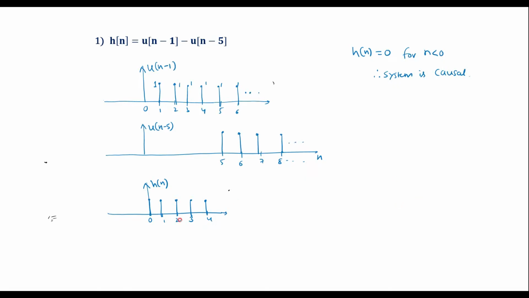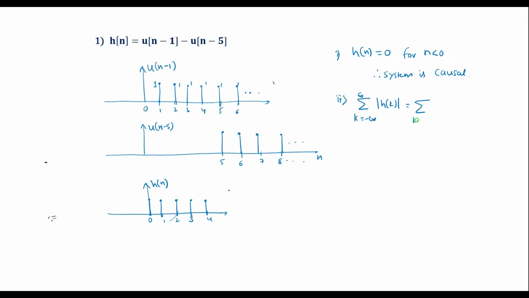Now we'll verify whether it is stable or not. We know that stability can be calculated as summation k equal to minus infinity to infinity of h of k. We'll try to find h of k. Here k varies from 0 to 4.